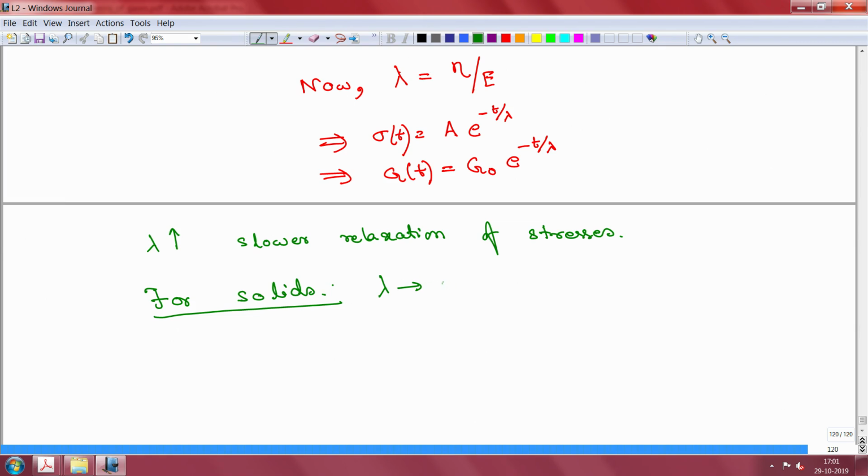So, for solids the lambda goes to somewhere close to infinity, which basically says that in our case the Deborah number also goes to infinity. And the stress never relaxes.